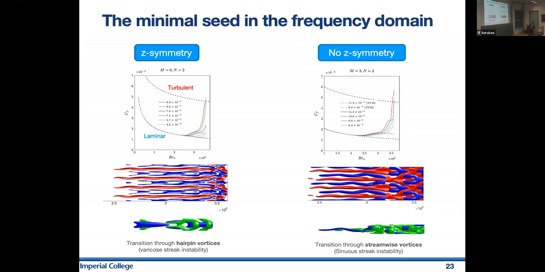So I can go to turbulence, to the turbulent skin friction values much more efficiently at much smaller forcing amplitudes. And now we have seen a completely different change in the streak breakdown. So we have a sinuous streak breakdown, quasi-streamwise vortices, which are also associated with a self-sustaining process for invariant configurations.